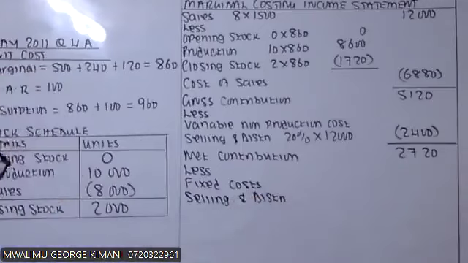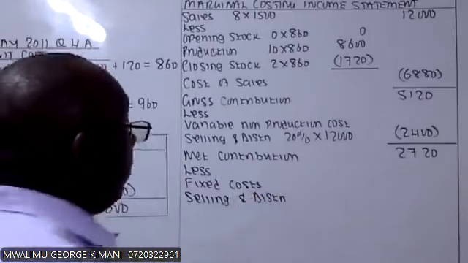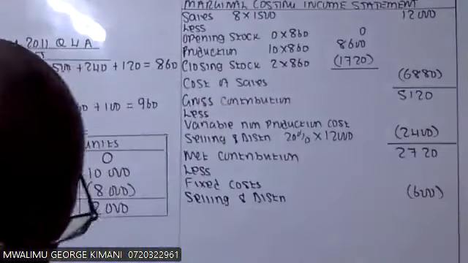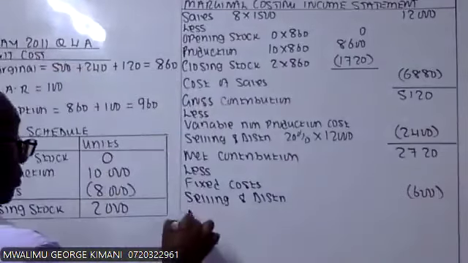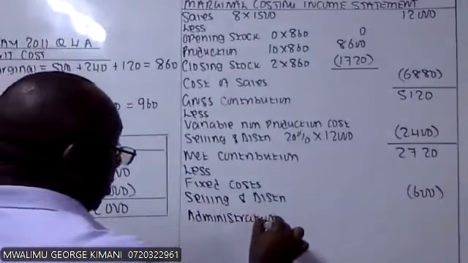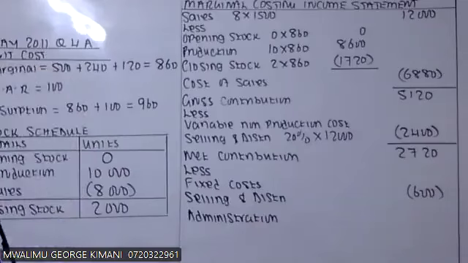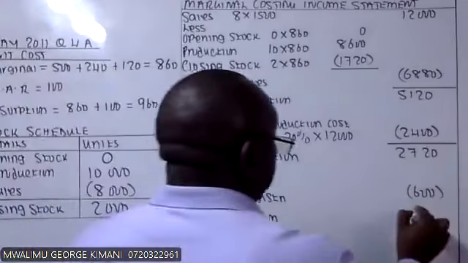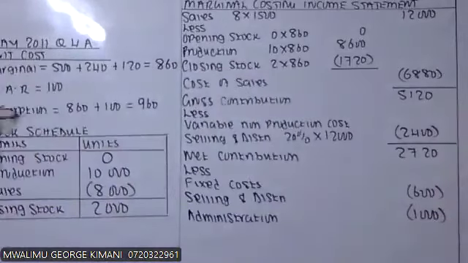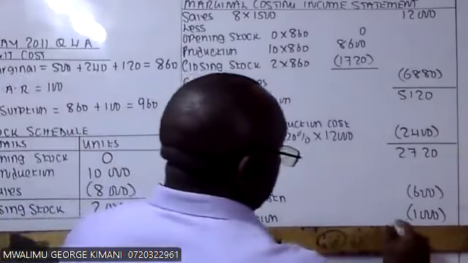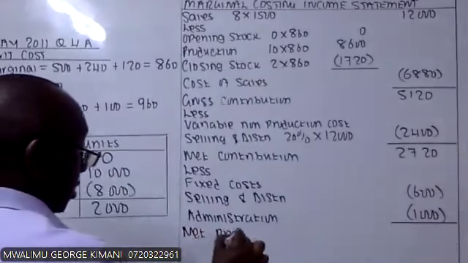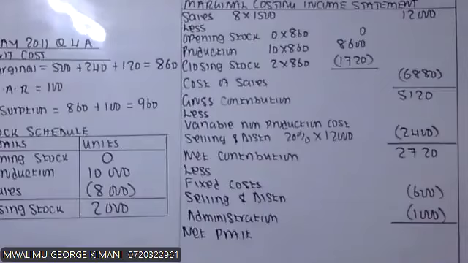Selling and distribution is 600. Then we have administration. Administration is 1,000. So with that now we get net profits.